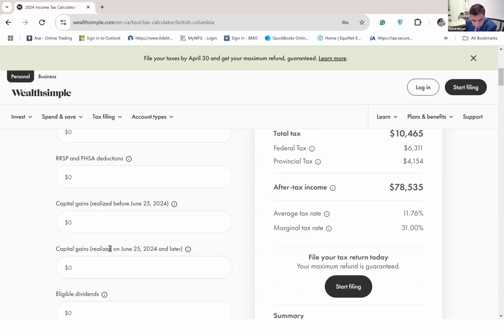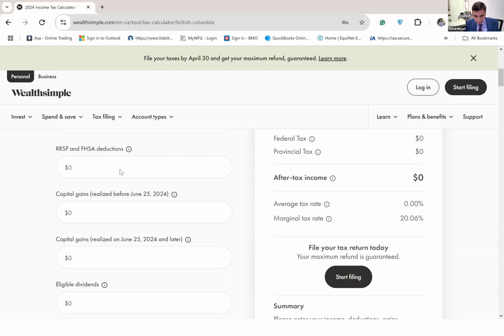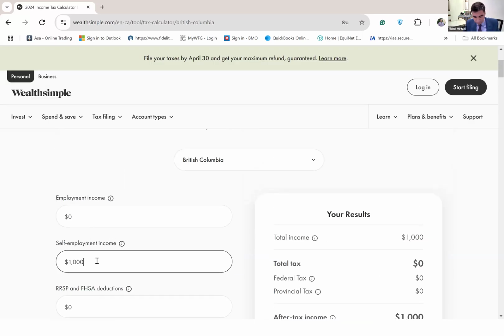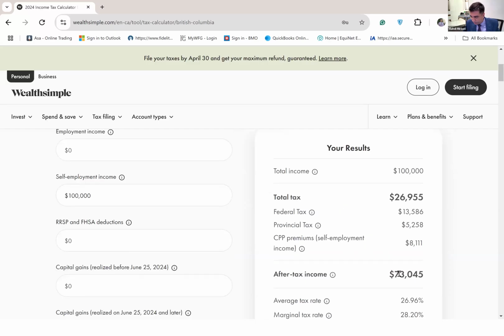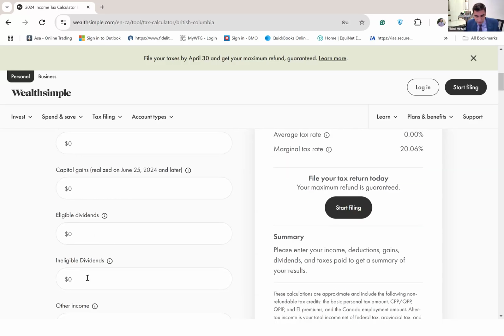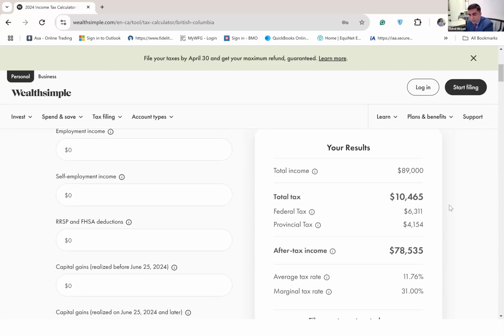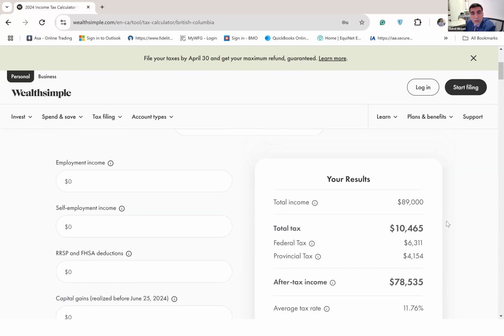But in the other scenario, how much would the take-home be? It would be $73,000 minus $8,000, about $65,000. Make sense? So by putting that money in the corporation and taking out the money as dividend, we are technically saving around $10,000, about 10% on taxes.